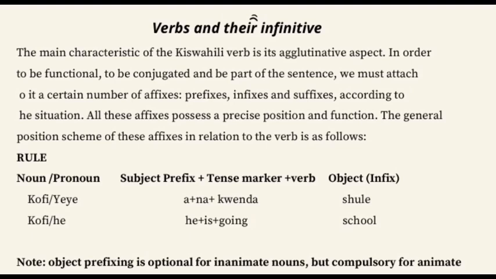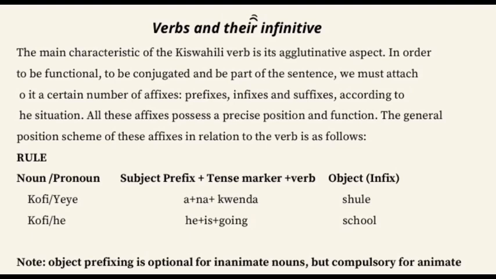In order to be functional, to be conjugated and be part of the sentence, we must attach to it a certain number of affixes, which are the prefixes, infixes, and suffixes, according to the situation. All these affixes possess a precise position and function. The general position scheme of these affixes in relation to the verbs is as follows.